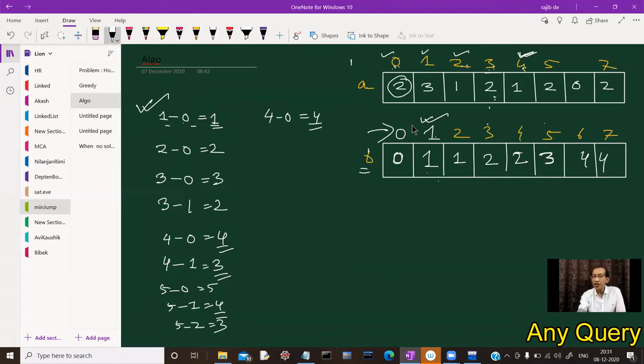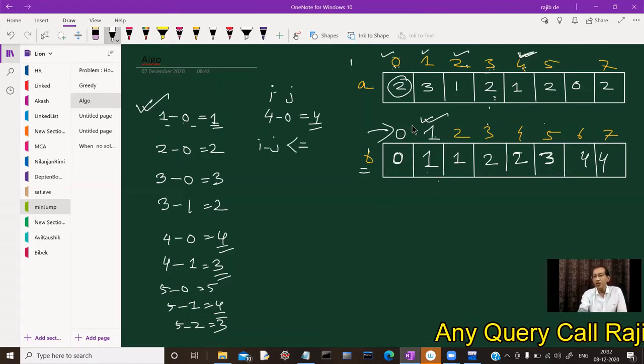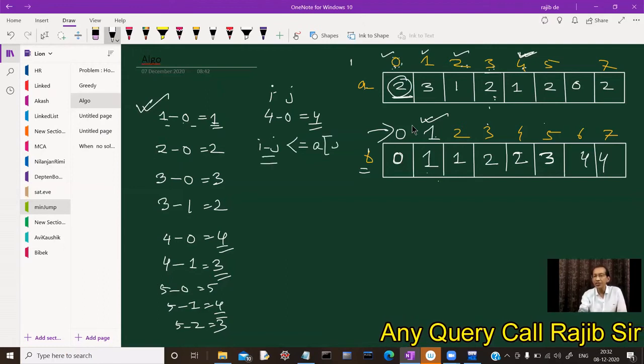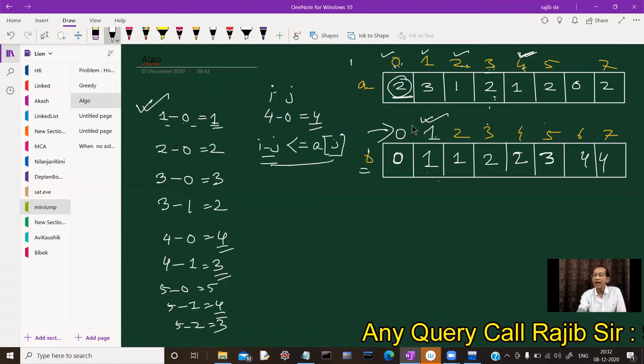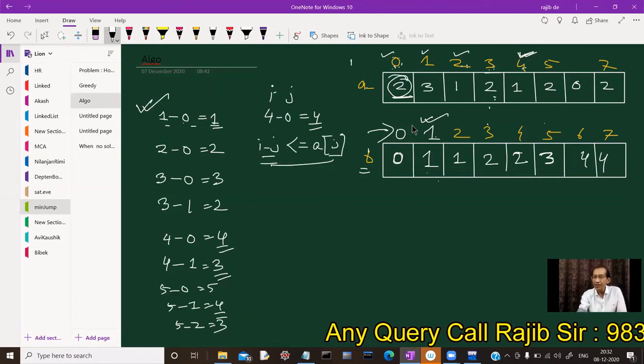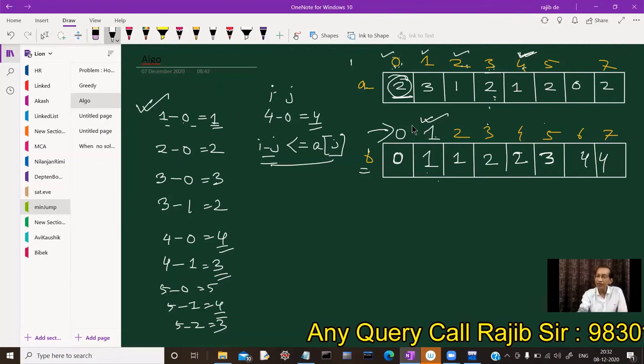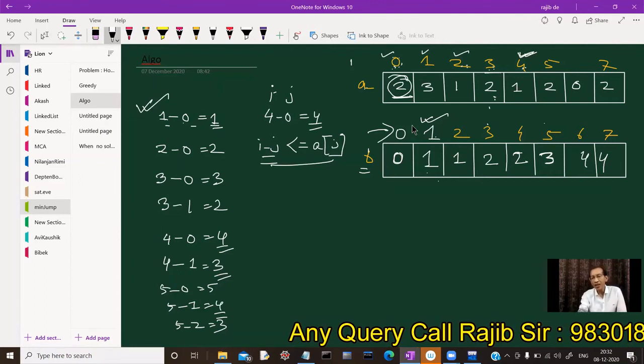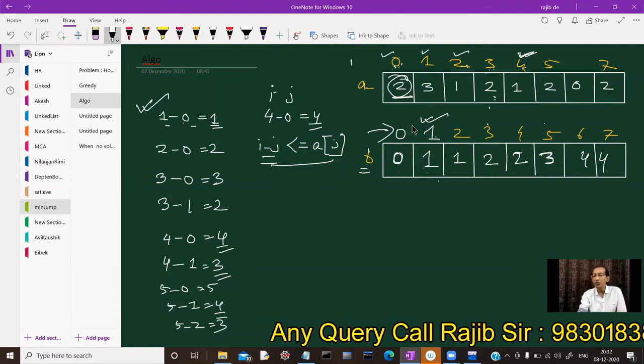See, if i is equal to 4 and j is equal to 0, you are checking whether i minus j is less than or equal to the value present at a[j] or not. If it is, then okay, you can make a jump. Then what you are doing? You are simply adding 1 to the content of b[j] and putting it into the solution array.